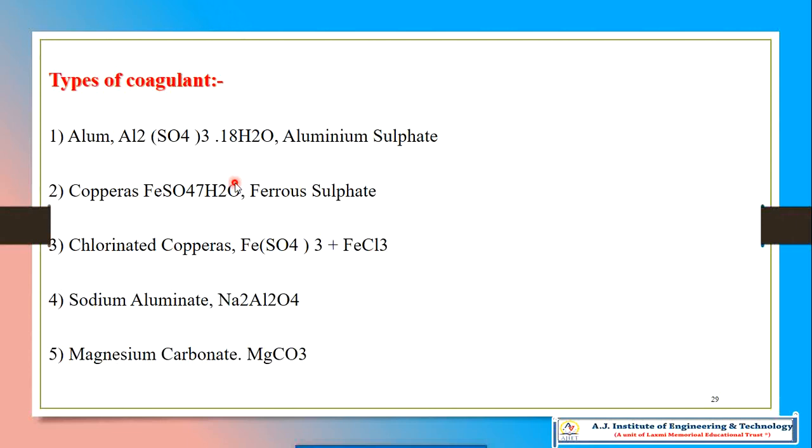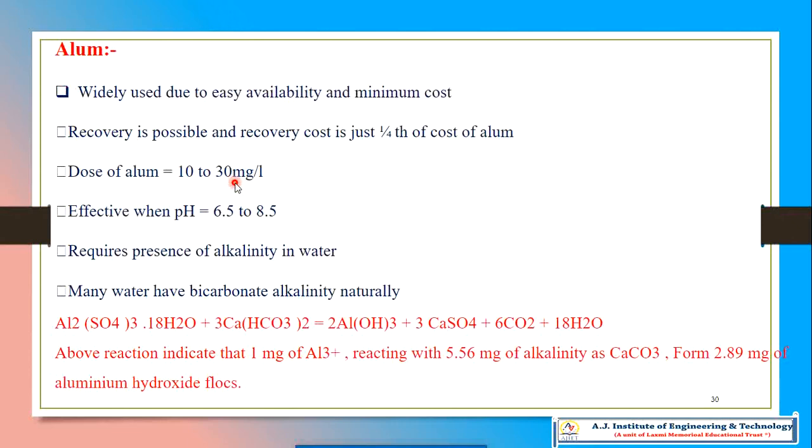Now I'll continue part 4 of the video with the alum dosage, that is aluminum sulfate. Why are we using aluminum sulfate as a coagulant, even though we use other coagulants also? It is widely used because it is easily available and minimum cost, and it is very easy to make.